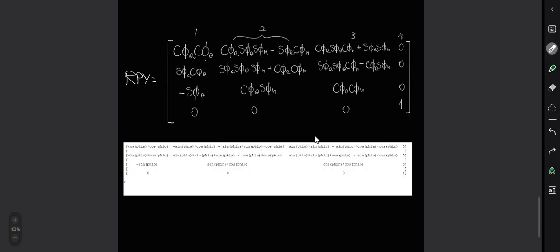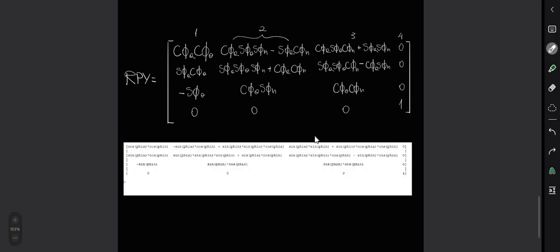Okay, with that being said, we need to go on. I'll use the content of the book to move forward with this explanation. This matrix that you are seeing represents the orientation change caused by the RPY.